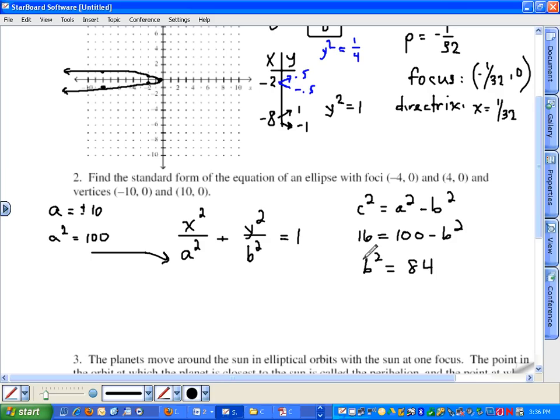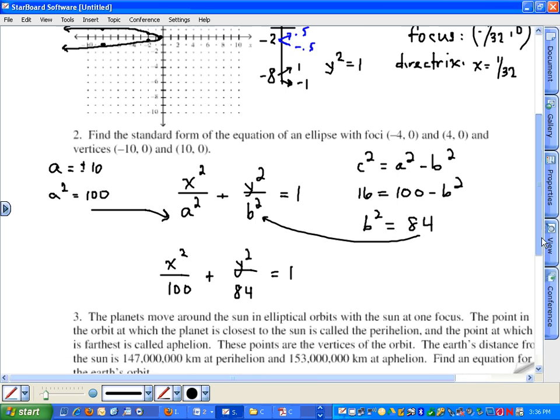We don't need to square root both sides because we're interested only in what b squared equals. So that's the value that goes here. Our standard form equation of the ellipse is x squared over 100 plus y squared over 84 is equal to 1.